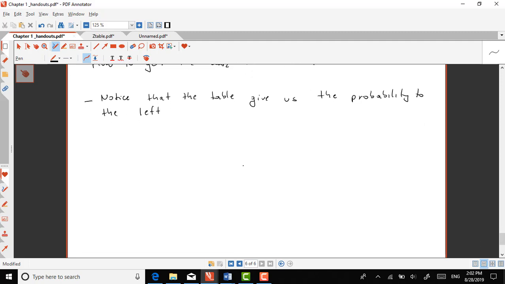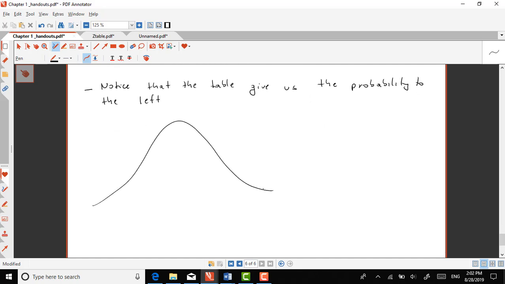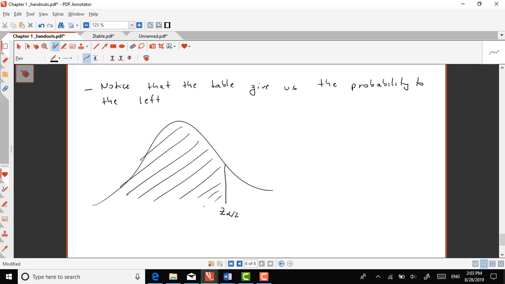If we were to graph this, using our z alpha over 2 value that we are looking for, the values inside the table are these probabilities to the left. So what we have there is the probability that z is less than z alpha over 2, which is equal to 1 minus alpha over 2. I guess it's kind of tricky, but in a second you are going to see that it's actually very easy to do.